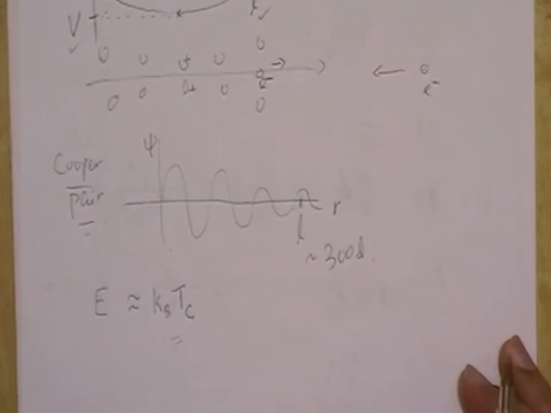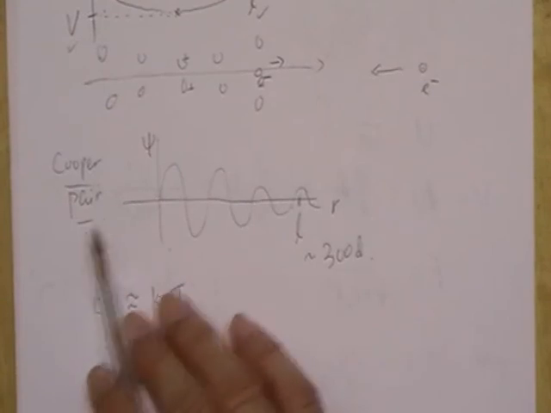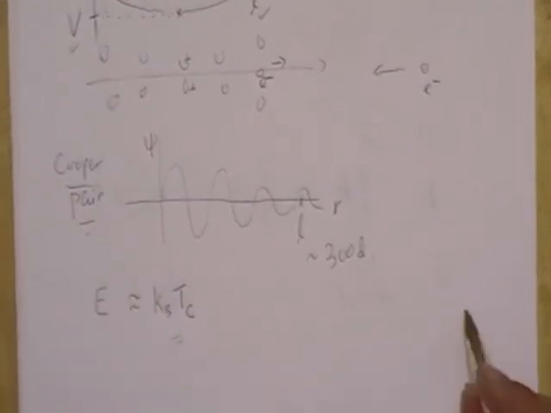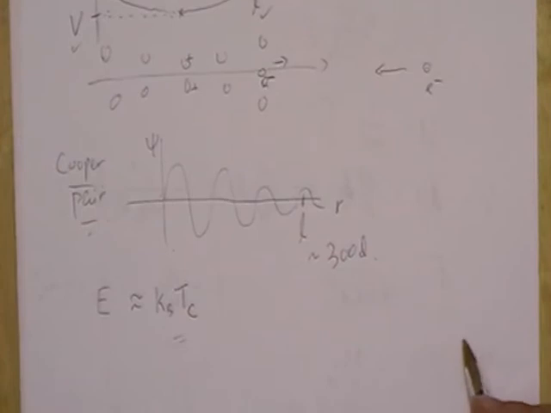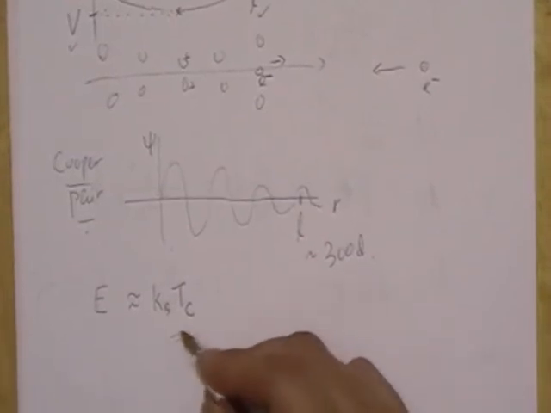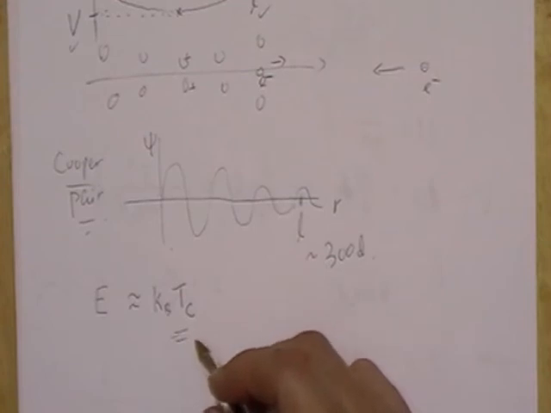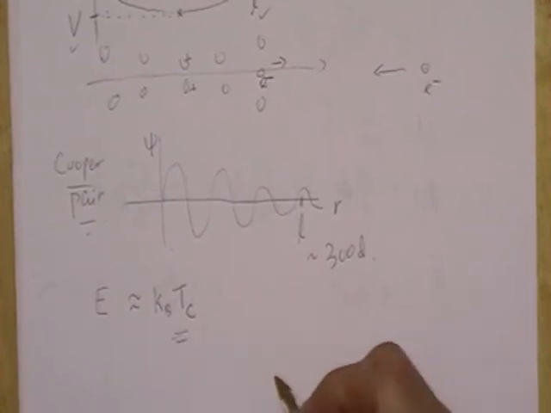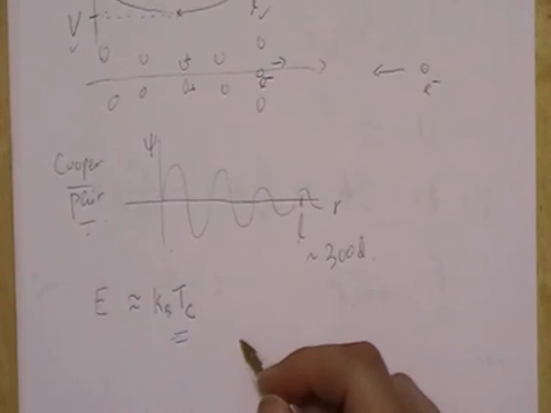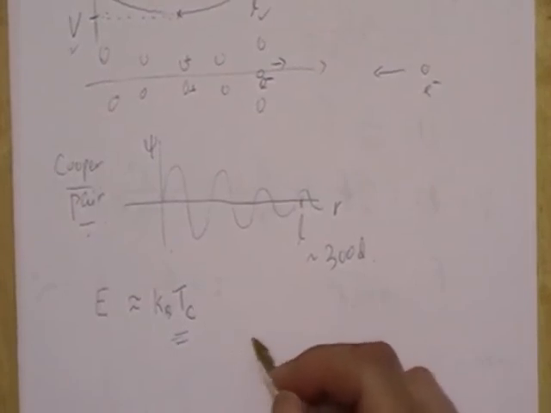Then if the temperature is too high, that would break up the attraction, break up the Cooper pair, and then it would stop being superconducting. Now the temperature where we would expect this to happen would be just the superconducting temperature, because we know that above the superconducting temperature it stops being superconducting.